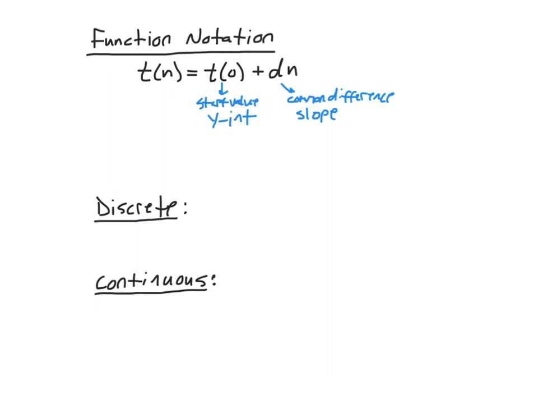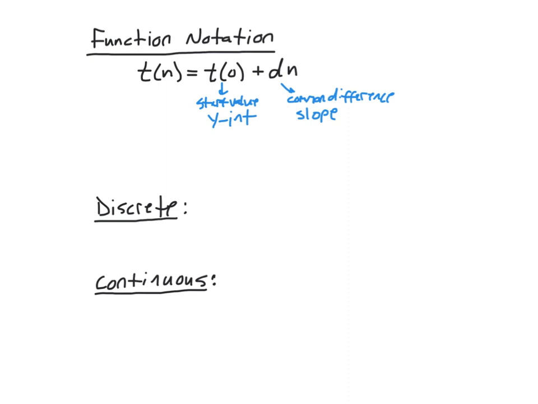Okay, well, let's take a look here at this function notation then. T of n is equal to t of 0 plus d times n, where n is our counter. And so notice that it's very similar to y equals mx plus b, where t of 0 is going to be the start value.